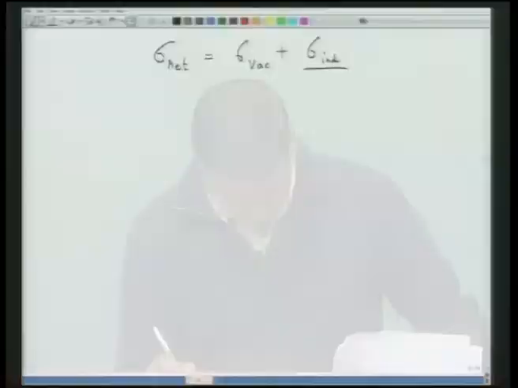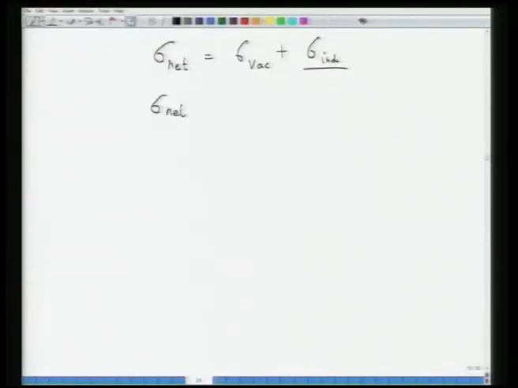It is nothing but due to polarization of the dielectric. So, we can write sigma net is equal to sigma vac plus rho, and this rho is due to polarization, or is the polarization itself, because we know that. So, we can just write this as P.